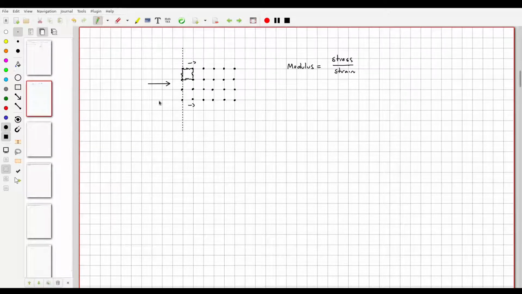So here, in this particular case where you're trying to compress something, the stress would be the perpendicular force that I am applying to the area here. Now, the strain is how that object deforms under the stress.